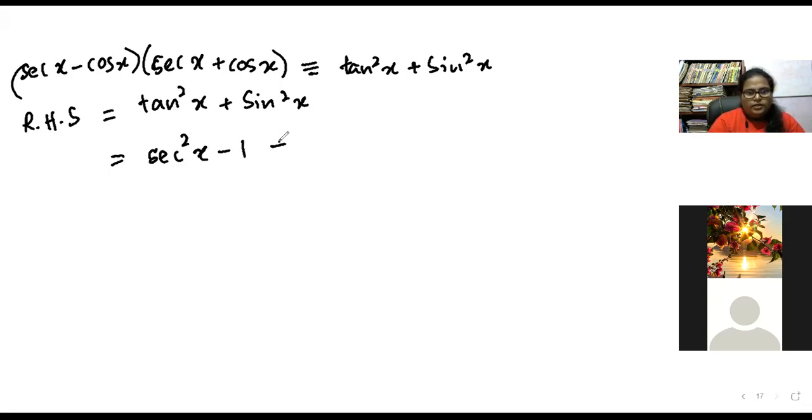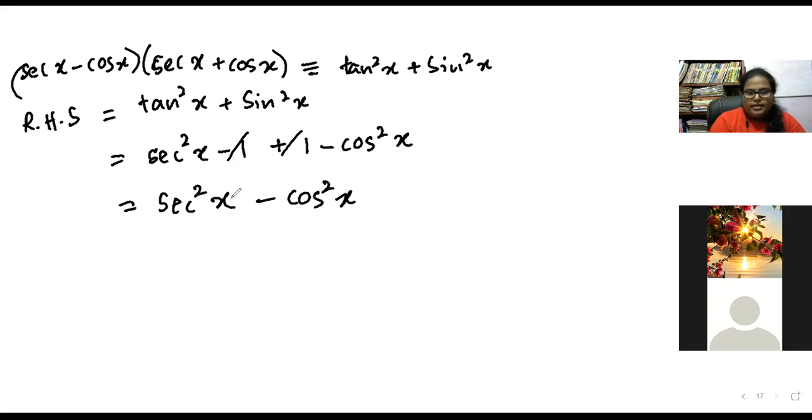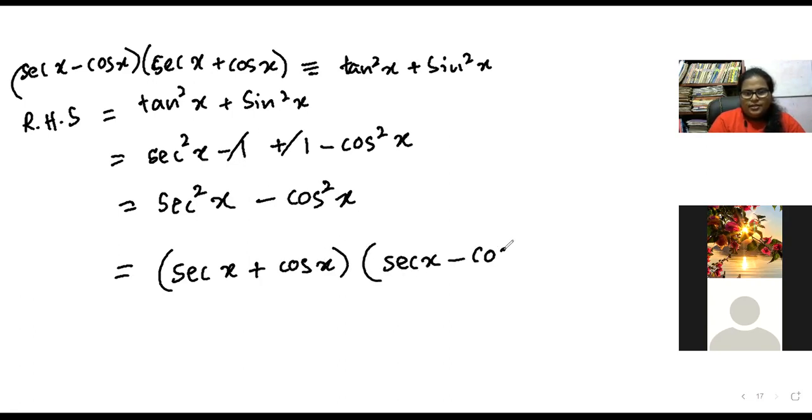Here you have to take this sine square x as 1 minus cos square x, right? So we can remove this plus 1 and minus 1 here. So sec square x minus cos square x. It is like the difference of two square terms. So we can write this one as sec x plus cos x into sec x minus cos x. So this is the same as the left hand side.